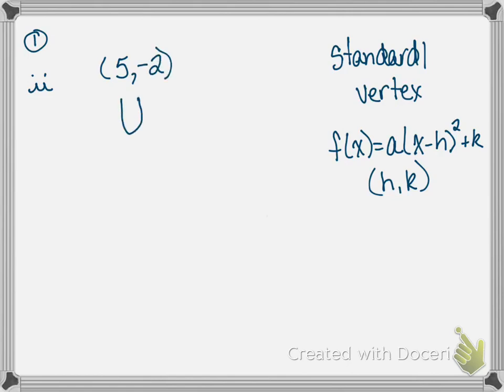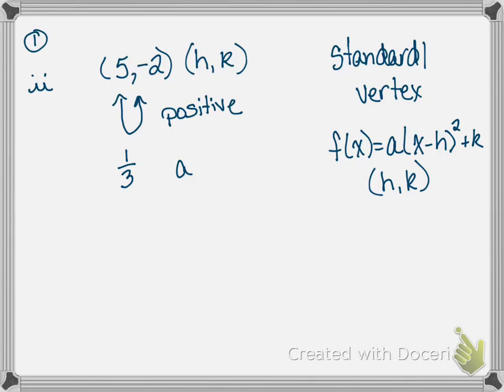This parabola opens up, and we are shrunk vertically by a factor of 1/3. So the 1/3 is our a value. Our vertex is our h and our k. And our a value is going to be positive this time because we open up.